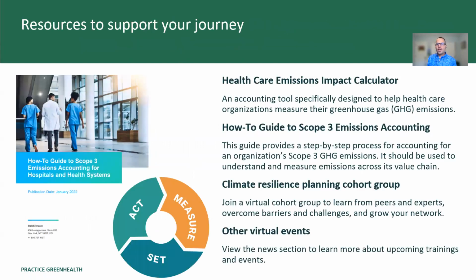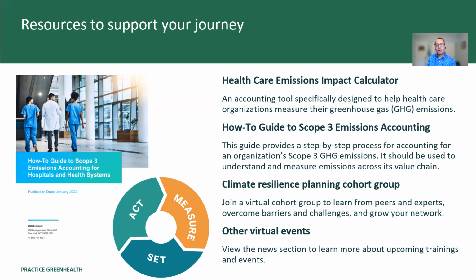I'd also like to share some resources that may interest Practice Green Health partners. These are all available to you. Obviously, we're talking about the calculator today. The how-to guide for Scope 3 emissions is fabulous. Scope 3 is obviously a very large scope of 15 categories.